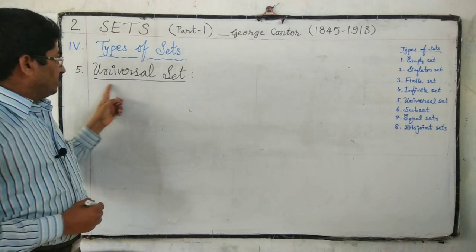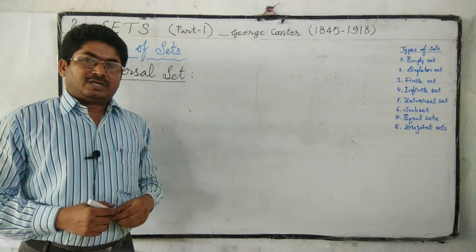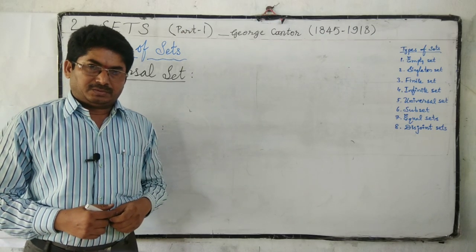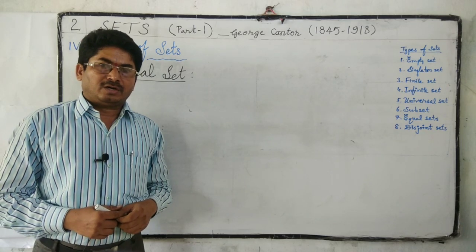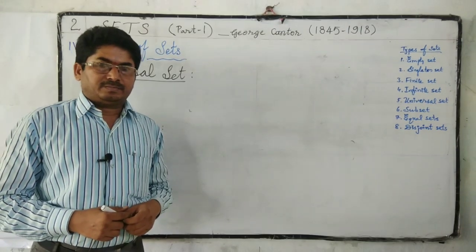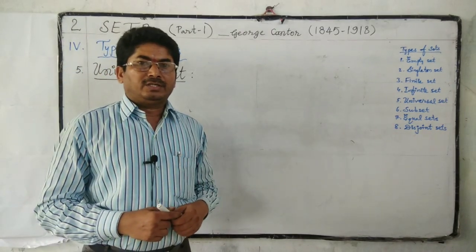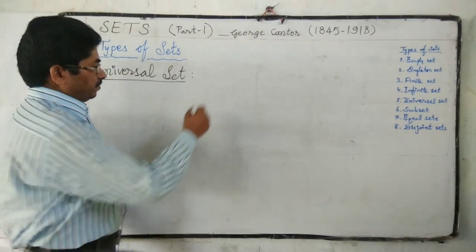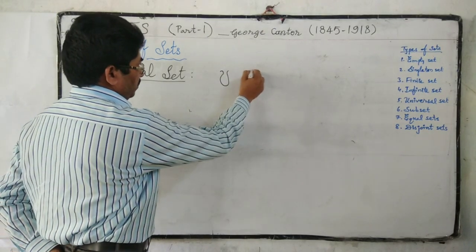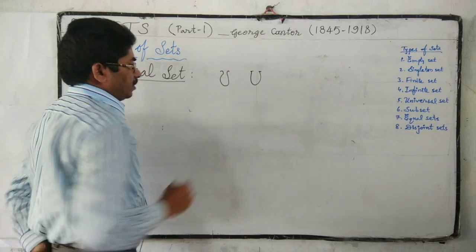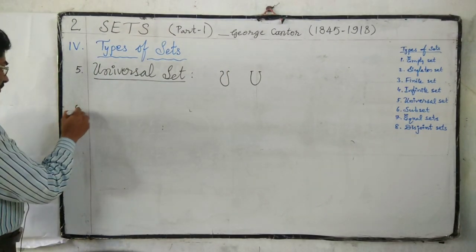Next, universal set. A set which consists of all the sets under consideration or discussion is called a universal set. Generally, universal set is denoted by the letter mu or U. Let us see one example.